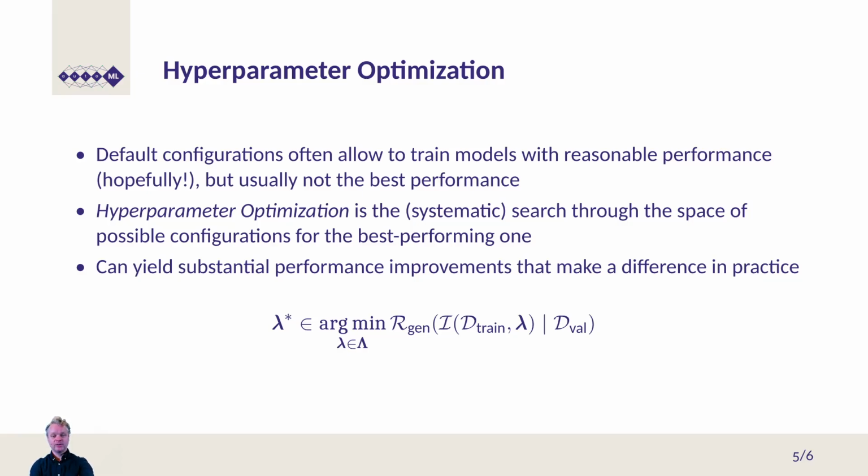Just as a reminder, here's the formulation of the hyperparameter optimization problem that you have seen in very similar form before already. So we essentially want to find a hyperparameter setting, a hyperparameter configuration, lambda star, that minimizes the generalization error of a model that is induced on a particular training data set and then evaluated on a validation set.